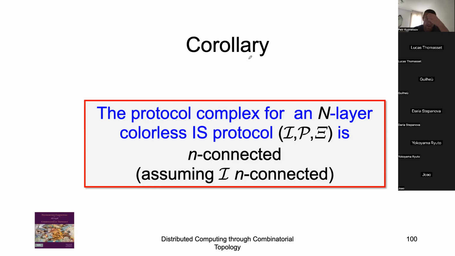But again, it's not a big deal because as soon as we understand that the view a process gets after one iteration of this colorless immediate snapshot is a vertex of the barycentric subdivision, and any combination of views is a simplex of the barycentric subdivision, everything comes automatically.